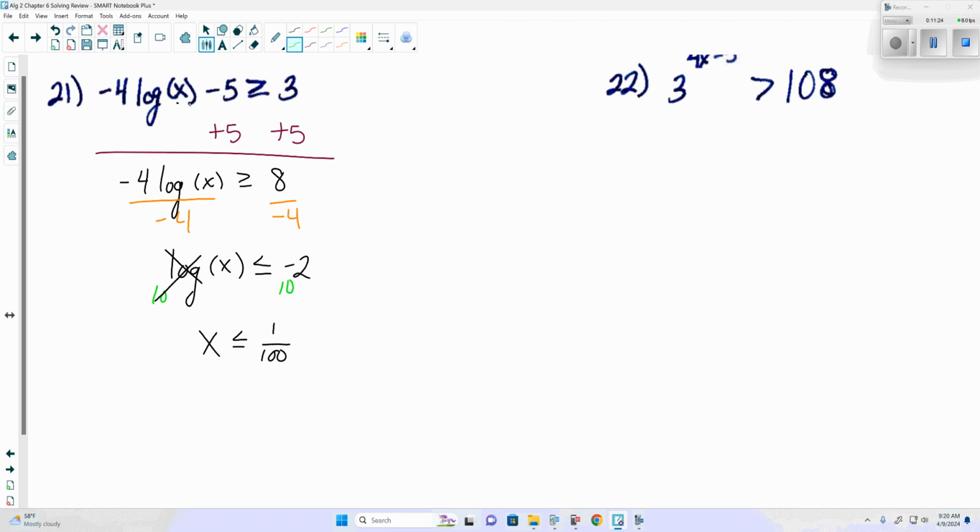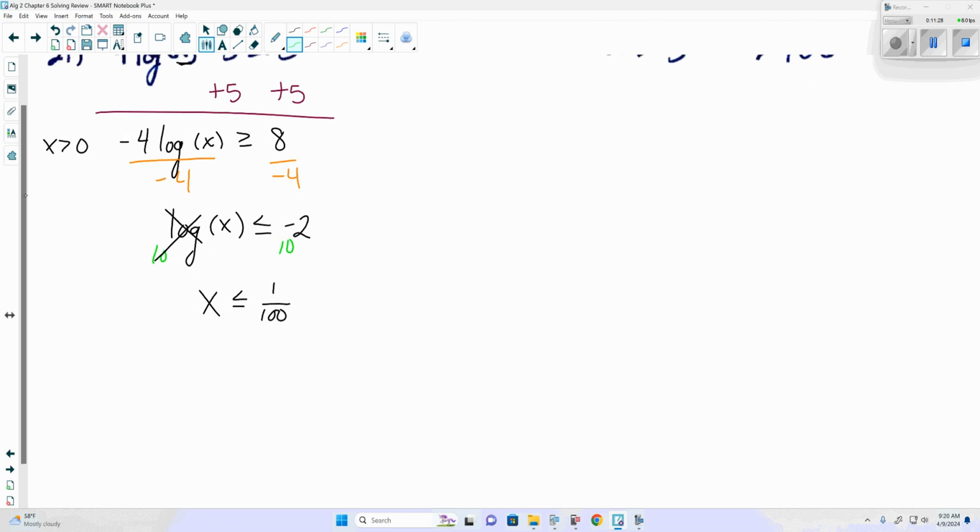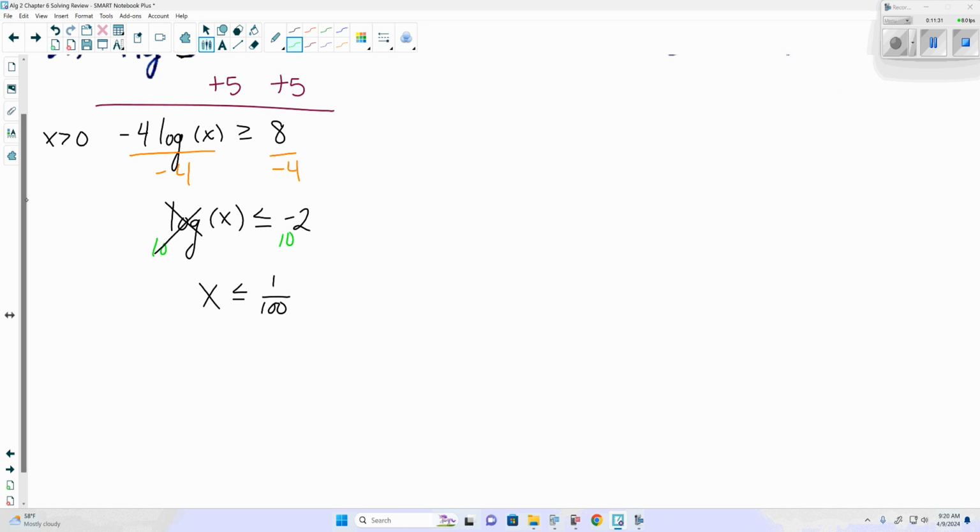Now, again, what's inside the log has to be greater than 0, yes? Is 0 less than 1 over 100? Well, yeah, it's a positive number, yes? So we have to add it in. So incidentally, the range of values that work for this function are actually quite tiny.